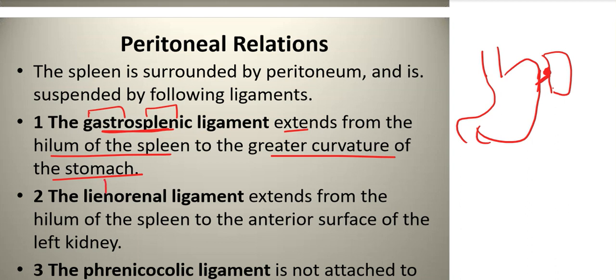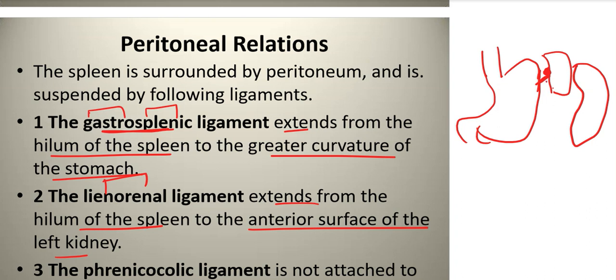Second is the lienorenal ligament, extending from the hilum of the spleen to the anterior surface of the left kidney. The spleen lies on the kidney.